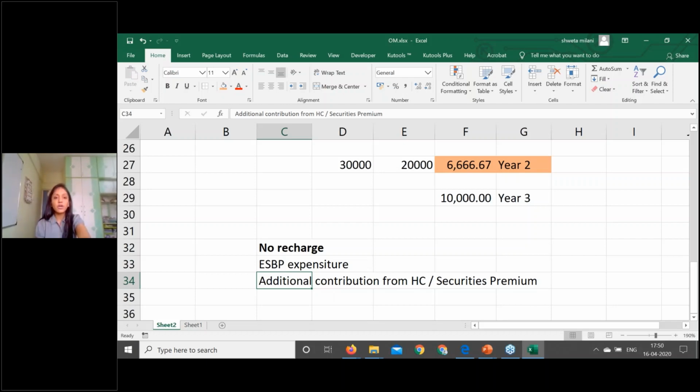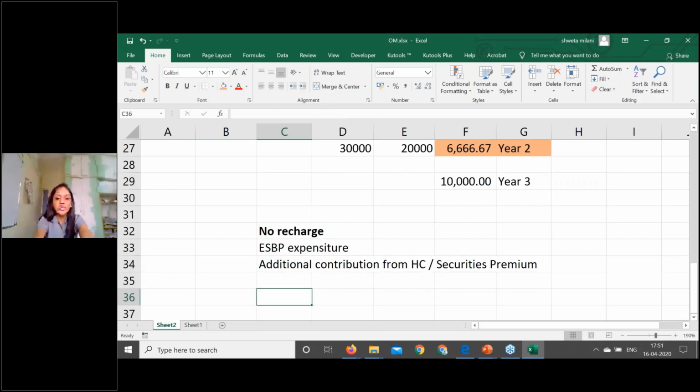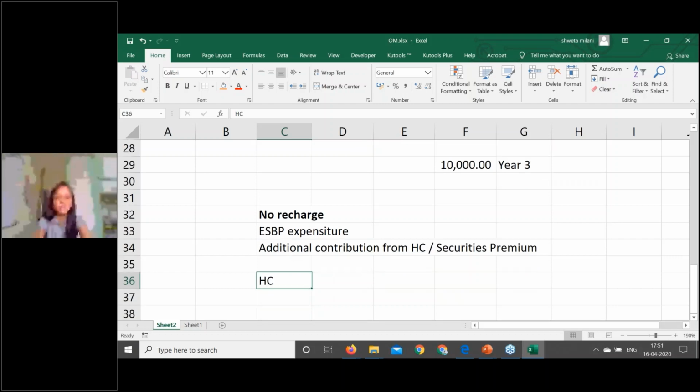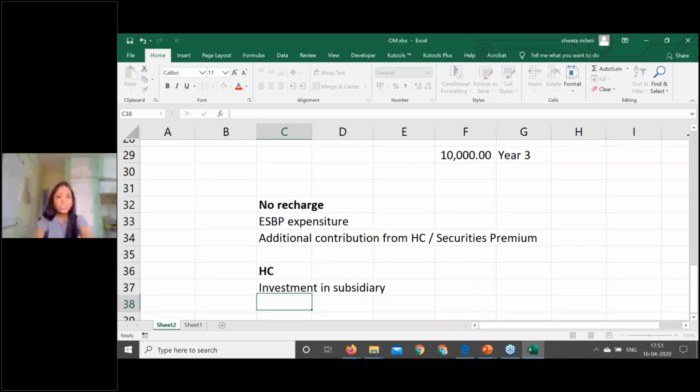So this is about what will be the case if there is no recharge arrangement. And in the books of the holding company, what will be the accounting entry? Investment in subsidiary company account debit to employee share based payment reserve.